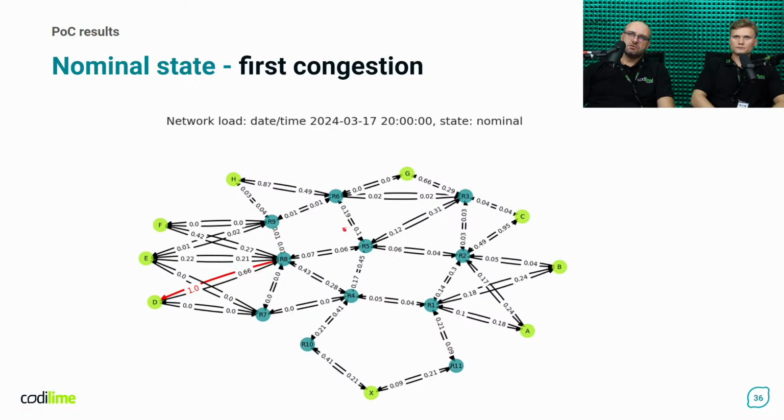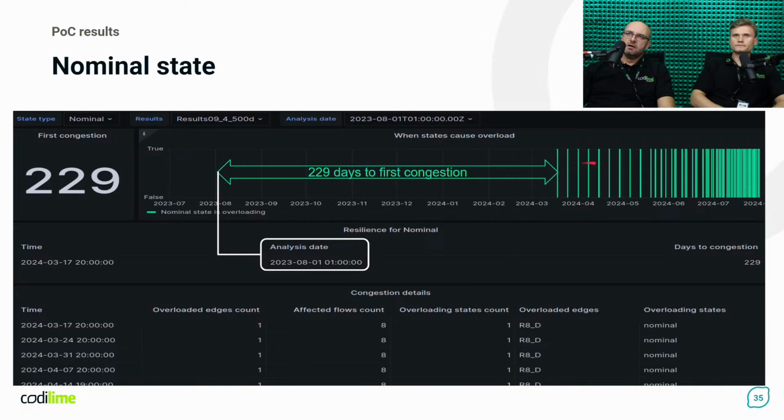So this is the situation that we mark as potential overload, and we mark such links with red color. So this is another representation of what we discovered here.